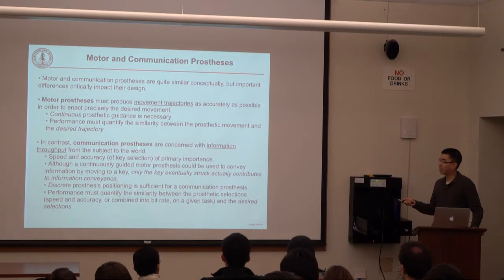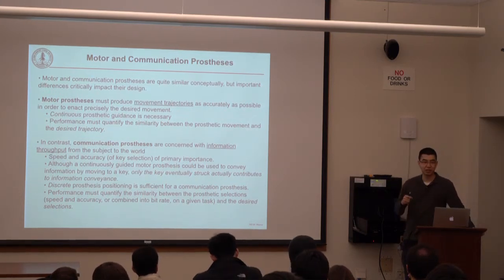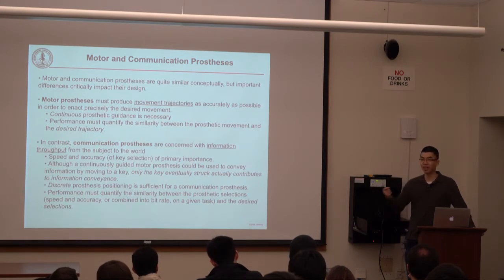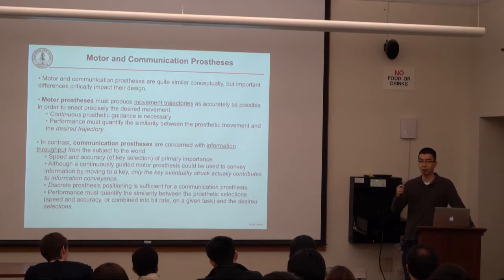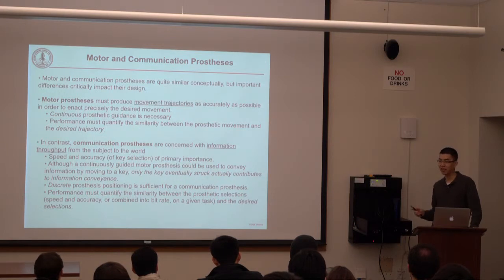With the communication prosthesis, ultimately, the goal is to maximize information throughput, or the information rate. So when you guys download a file from the internet, you see values like 1 megabyte per second. And so that megabyte per second is an information rate. You're transferring 1 megabyte in a second. For communication prostheses, we're going to be using the exact same types of measures, except they're going to be many orders of magnitude less.